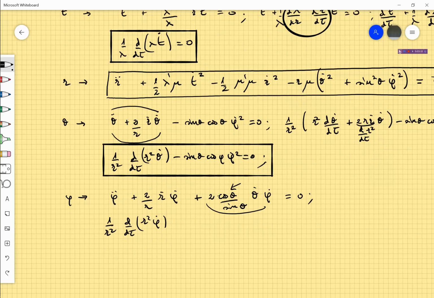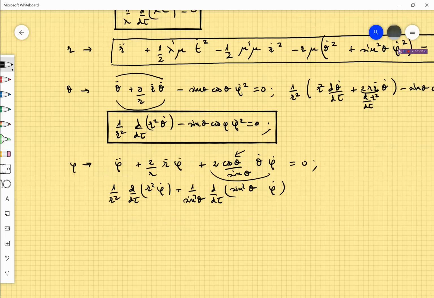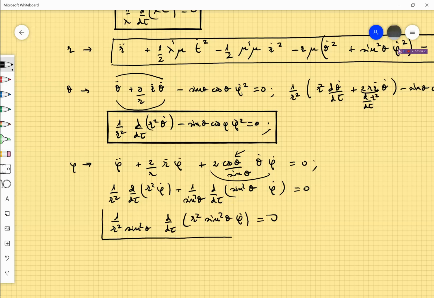This is the derivative of the sine theta with respect to theta, so really this is the derivative with respect to tau of sine squared theta and phi dot. So in the end, you combine all these things, and this is 1 over r squared sine squared theta d tau r squared sine squared theta phi dot equal to 0.